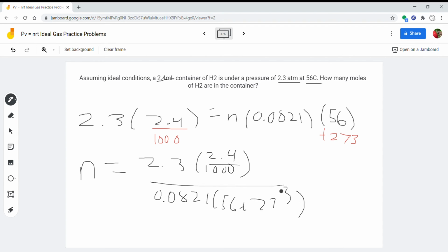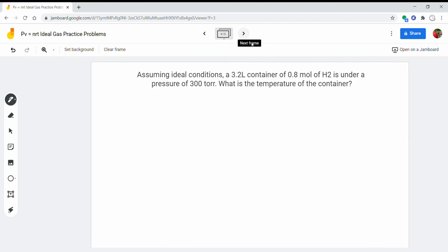We plug that into the calculator and we get 2.0 times 10 to the negative 4. Remember, we want 2 significant figures because all the values given have 2 significant figures, so this would be the correct answer. Don't forget units, moles.